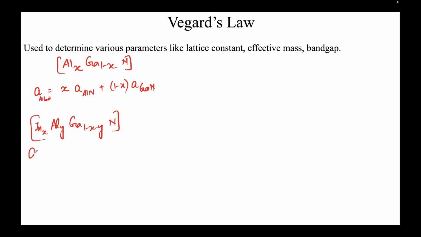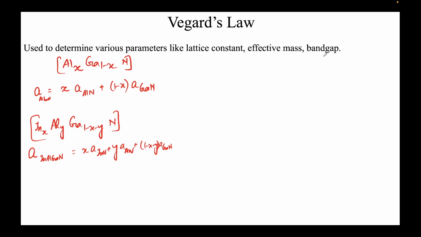Let's try to write its lattice constant. Indium aluminium gallium nitride will have x mole fraction of indium nitride, so x times indium nitride plus y times aluminium nitride plus 1 minus x minus y of the lattice constant of gallium nitride. A similar exercise you can do for effective mass and band gap.